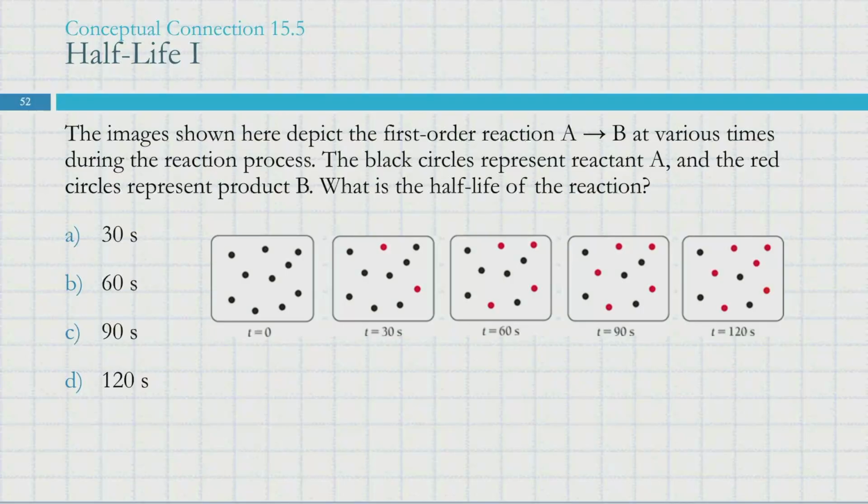Any ideas? 90 seconds. We figure out that it's C, or 90 seconds, because our initial concentration is 10. We've got 10 dots. And we're looking for when that number has cut in half to 5 dots. Which is that fourth frame, or C, 90 seconds.